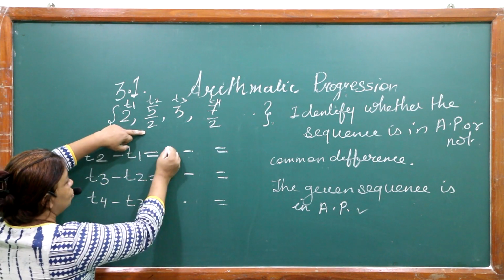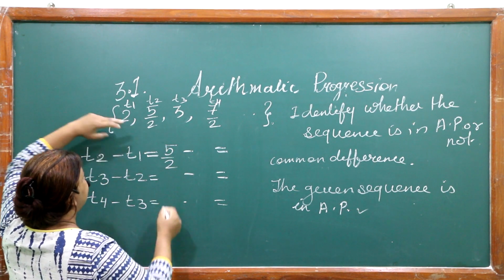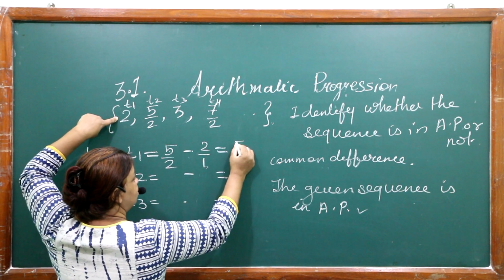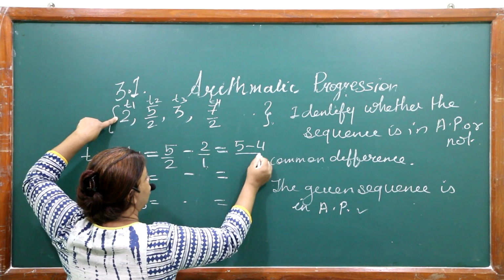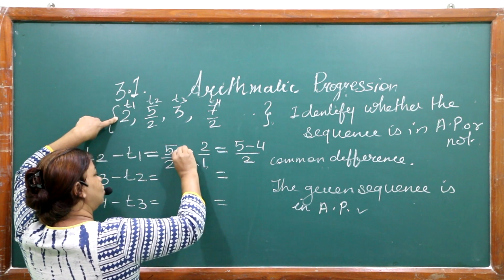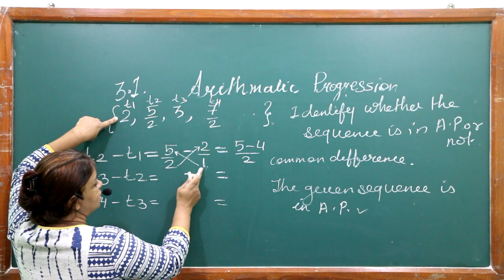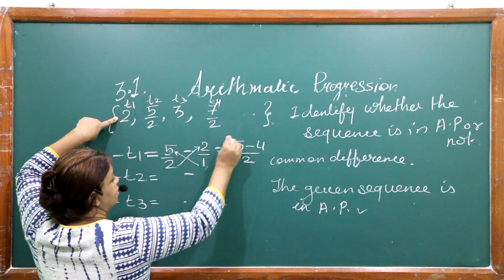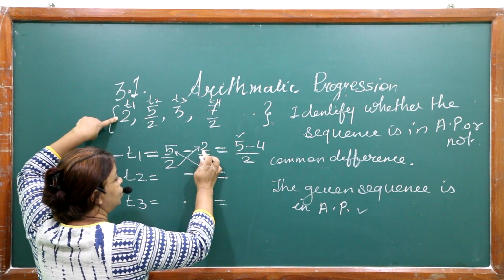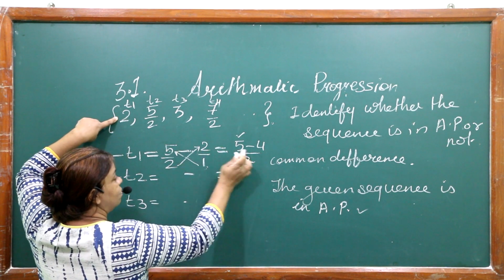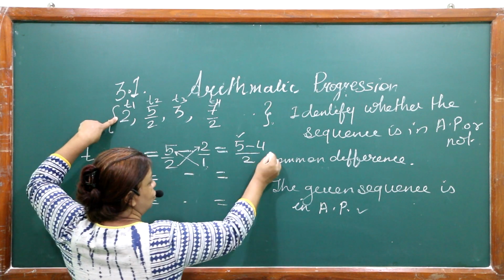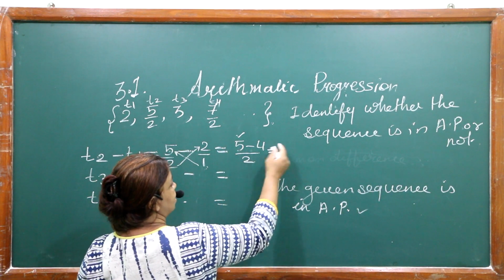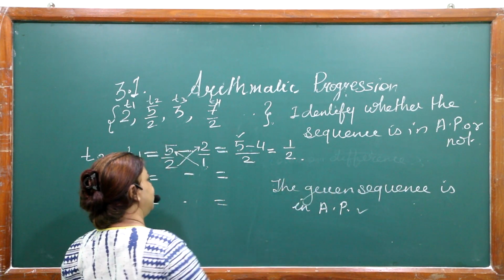T2 is 5 by 2 and T1 is 2. So do cross multiplication. 5 minus 4 upon 2. See, this is known as cross multiplication. This arrow means 1 goes to 5 and gets multiplied. 1 into 5 is 5. 2 into 2 is 4. In the middle there is minus, so minus. 2 ones are 2. So what do I get? I get 5 minus 4 is 1 by 2.